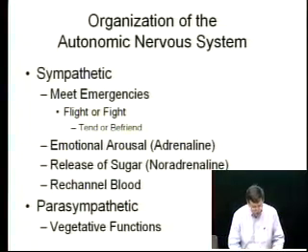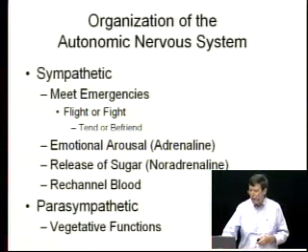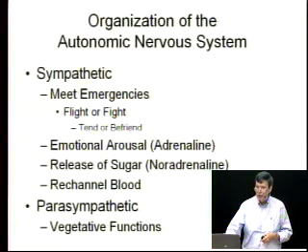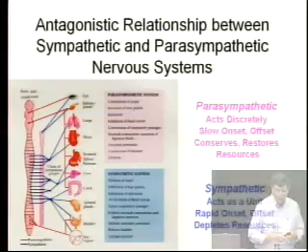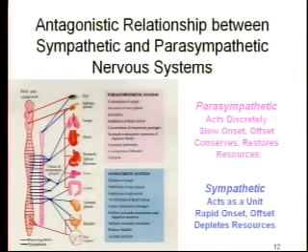However, it turns out that both branches of the autonomic nervous system are involved in the organism's reactions to stress. And it turns out that the sympathetic and the parasympathetic branches are in a kind of antagonistic relationship to each other, by which we mean that each of them tends to modulate or dampen or counteract the activity of the other.